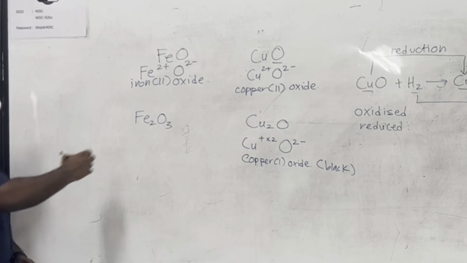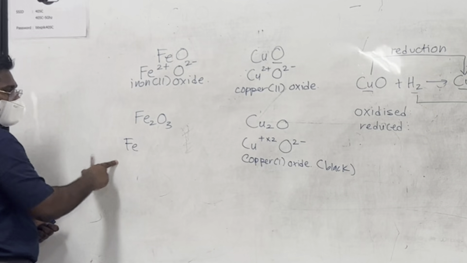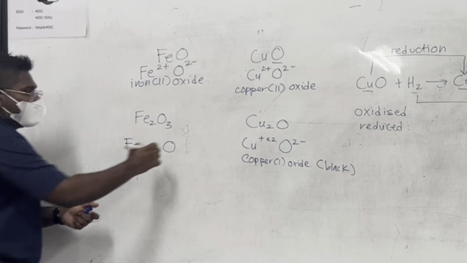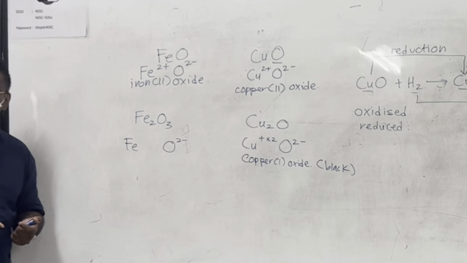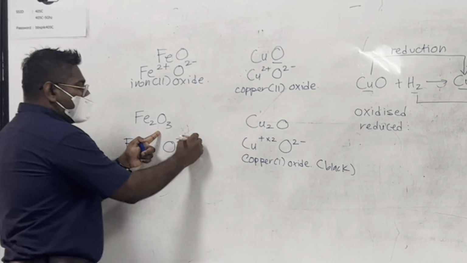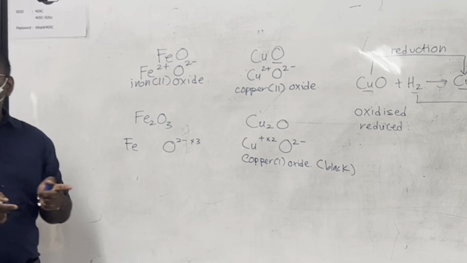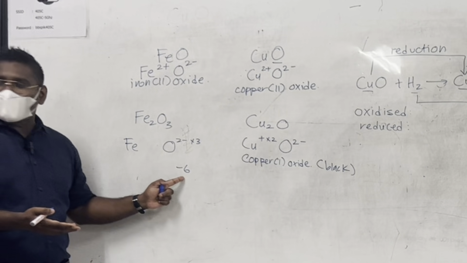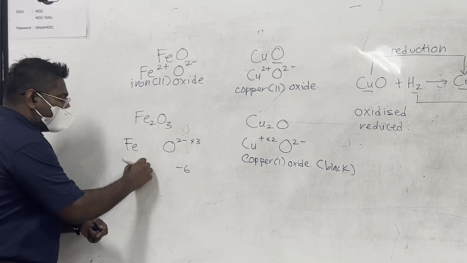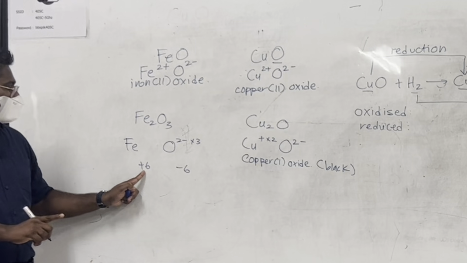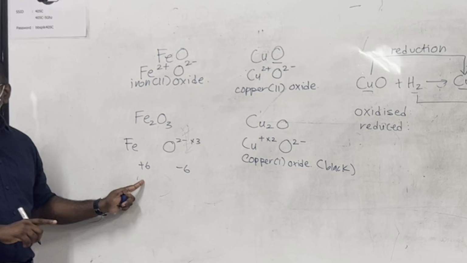But if you still want to use Fe and O, same method I can just show you. This is 2 minus, and then you need 3. So when I times by 3, you are going to get negative 6. Am I correct? If you have negative 6, this one should be plus 6. Then only they can be the same. How do I get plus 6?